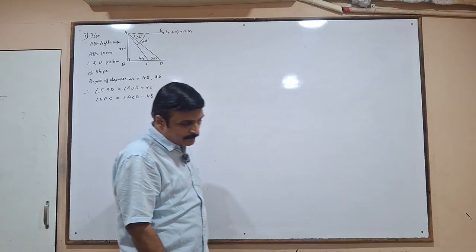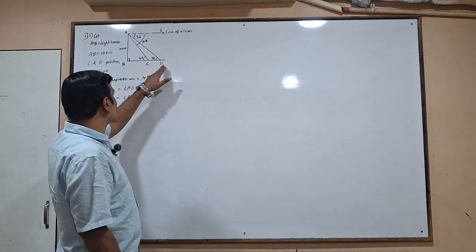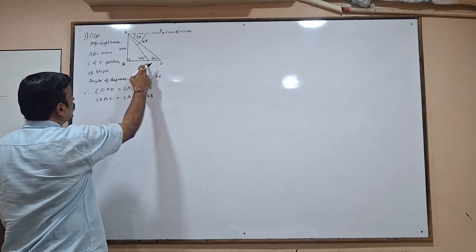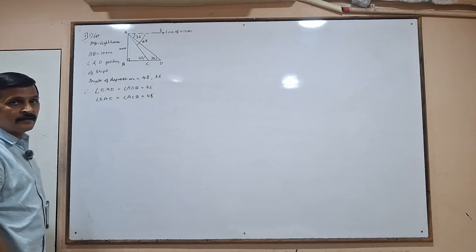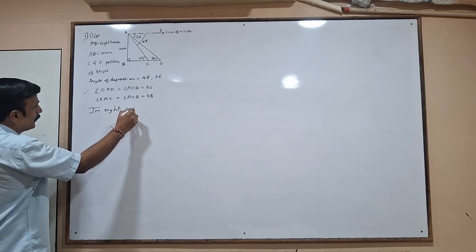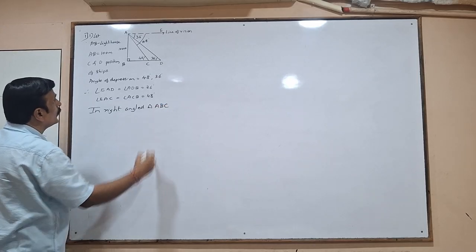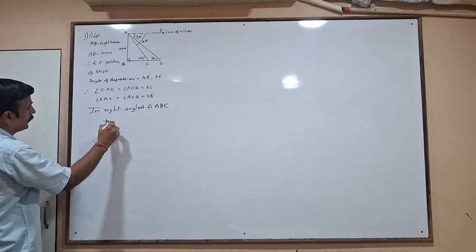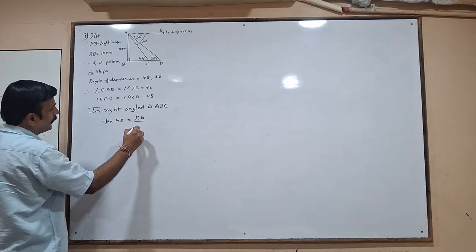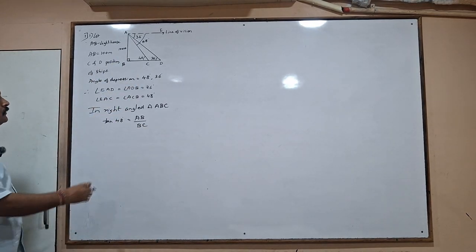What I want to calculate here is the distance between the two ships, so I want to calculate CD. Obviously for CD we will require BD and BC, and we will subtract to get CD. So in right angle triangle ABC, tan 48 is perpendicular side upon base, or opposite side upon base.